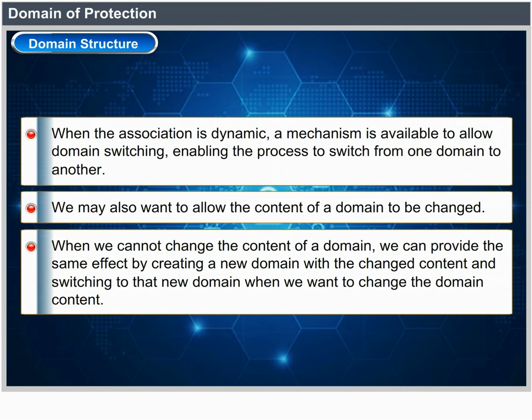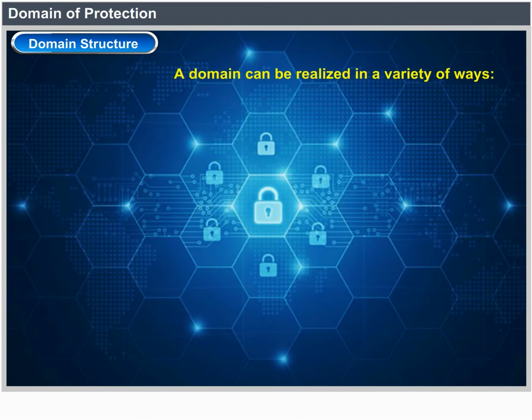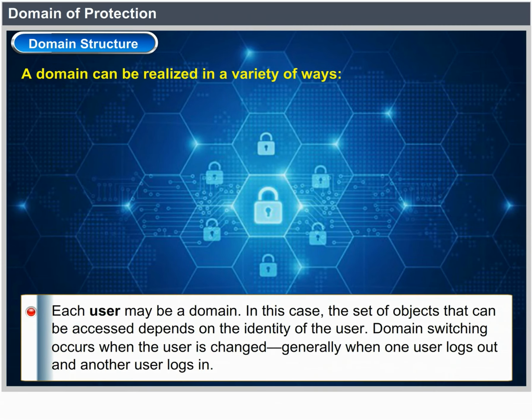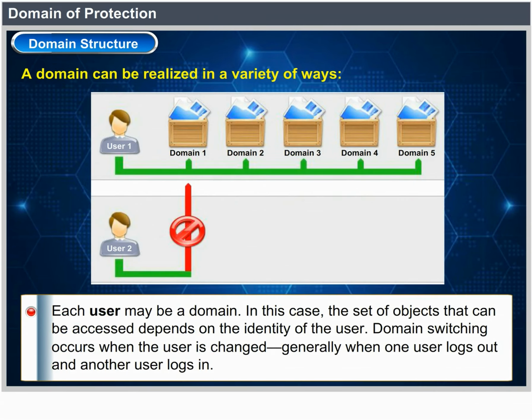A domain can be realized in a variety of ways. Each user may be a domain. In this case, the set of objects that can be accessed depends on the identity of the user. Domain switching occurs when the user is changed, generally when one user logs out and another user logs in. Each process may be a domain.